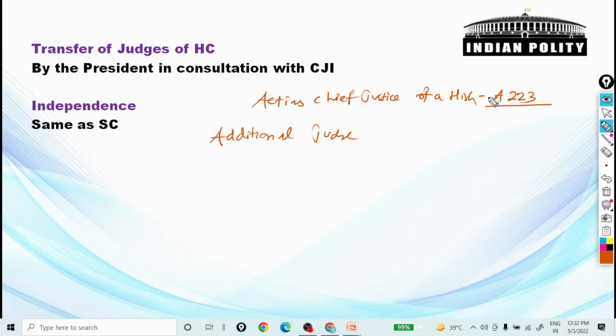Then additional judges. Additional judges are appointed by the CJI, with previous sanction of the president of India.